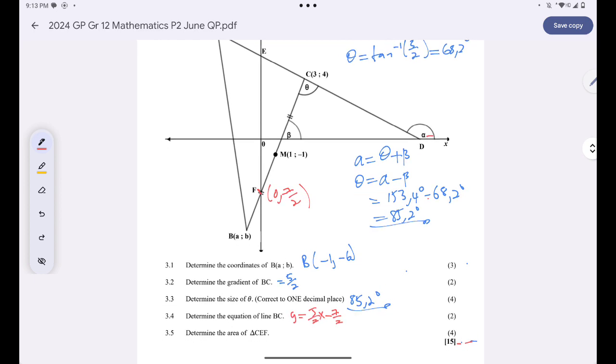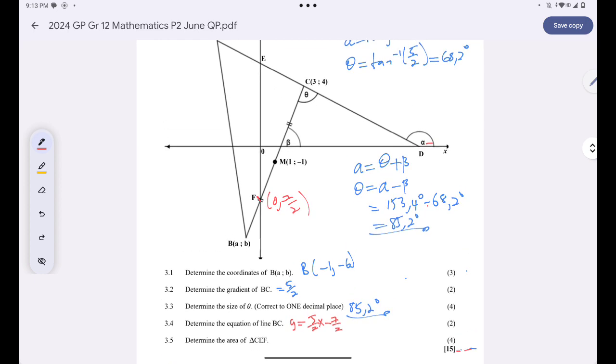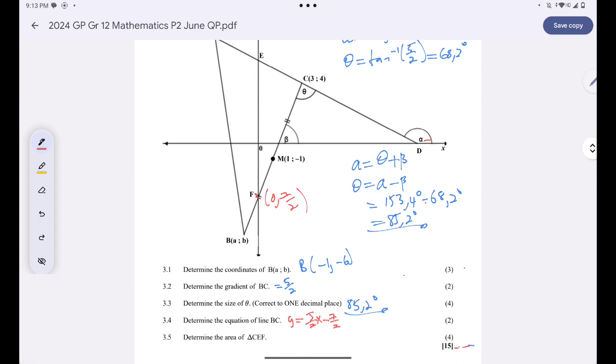Okay, so now they want me to calculate the area of triangle CEF. My base will be FE, and then my perpendicular height will be this one, right?